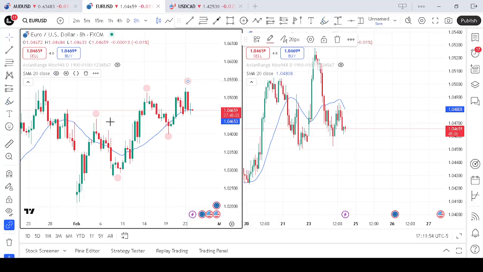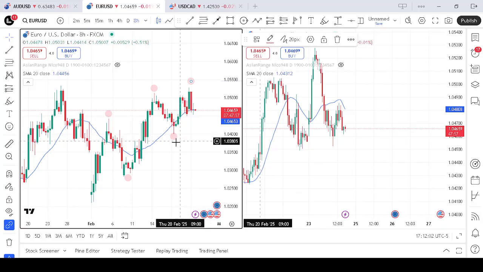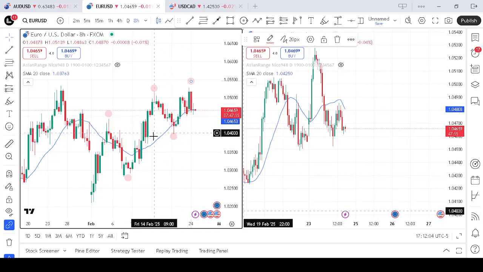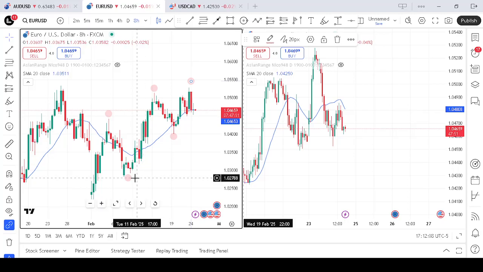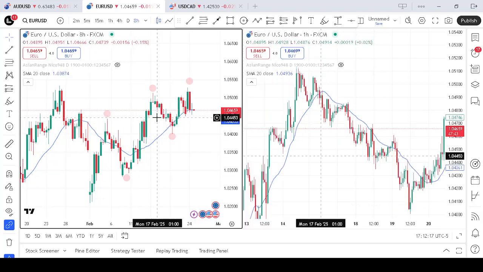It shows that price is trending in the up direction as long as price is above the 20 moving average. And when price is below the 20 moving average, it shows that we are in a downtrend. Secondly, we have to confirm each swing maintains its pattern without breaking the previous structure.